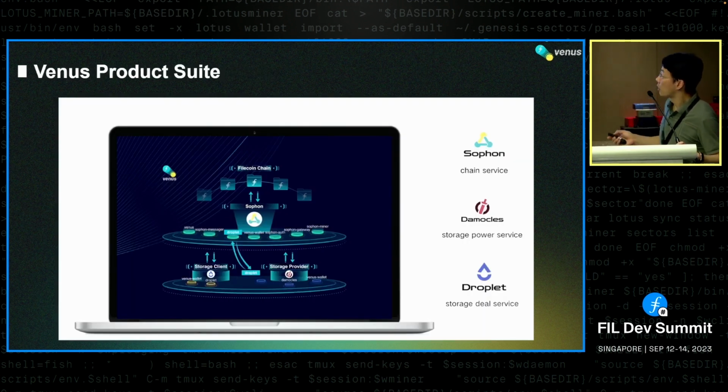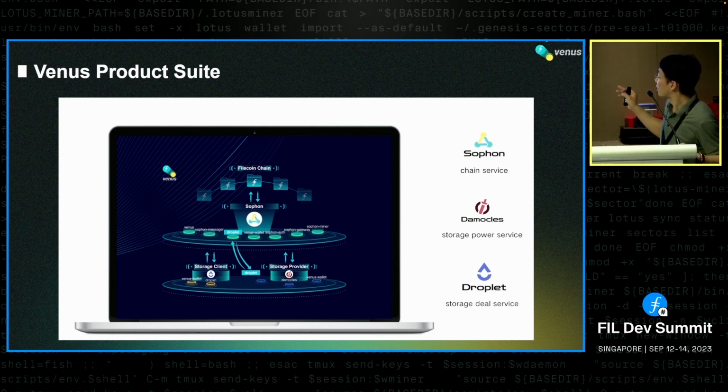Now we come to the Velas product suite. We have a modularized design, and there are 3 layers here. The first layer, we call it Sofen. It's the chain service, which is for chain synchronization, block generation, message handling, and the network and consensus.